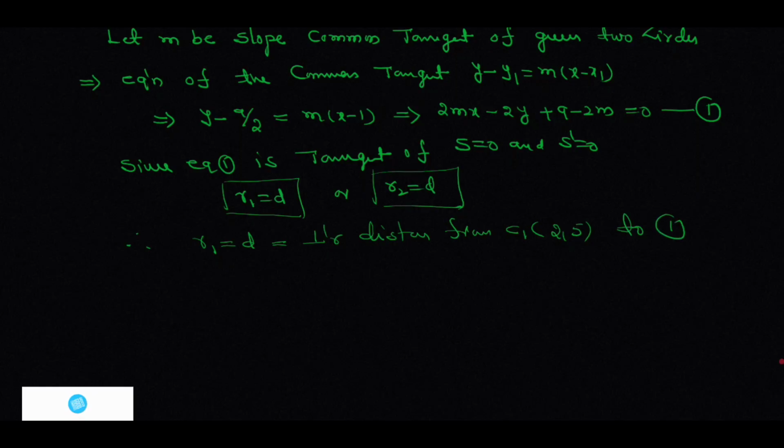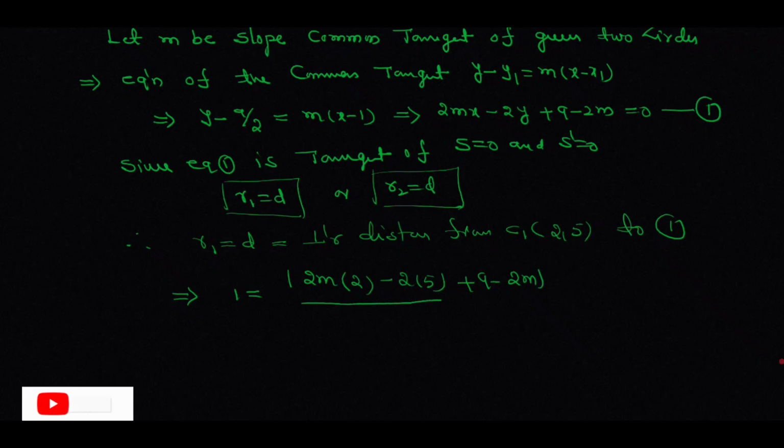So R1 value 1 equal to mod of (2m into 2 minus 2 into 5 plus 9 minus 2m) by the square root of (2m) whole square, which is 4m square, plus 2 square, which is 4.